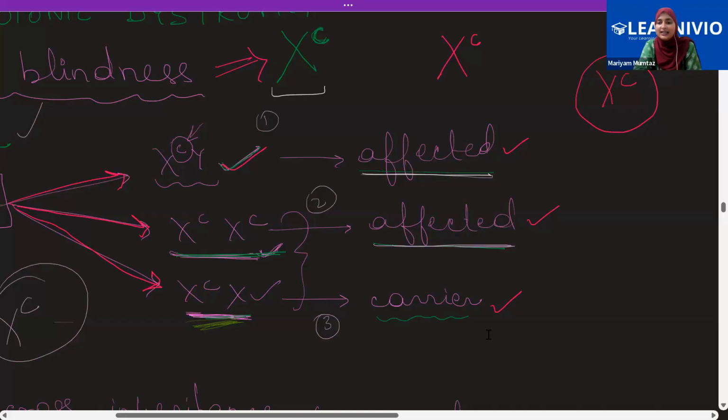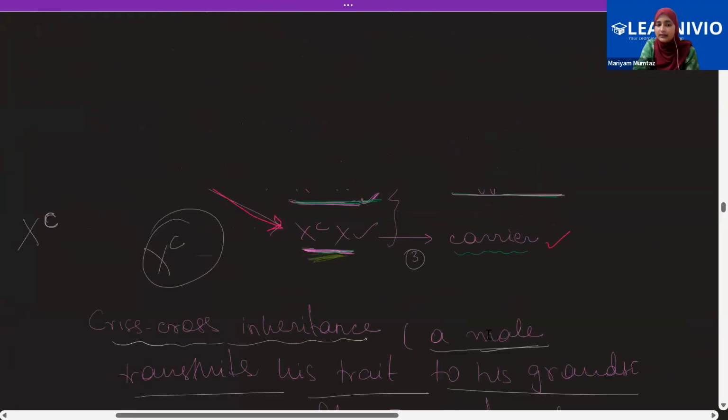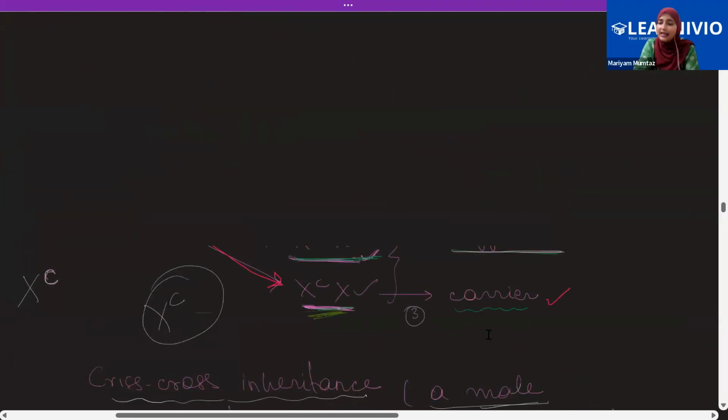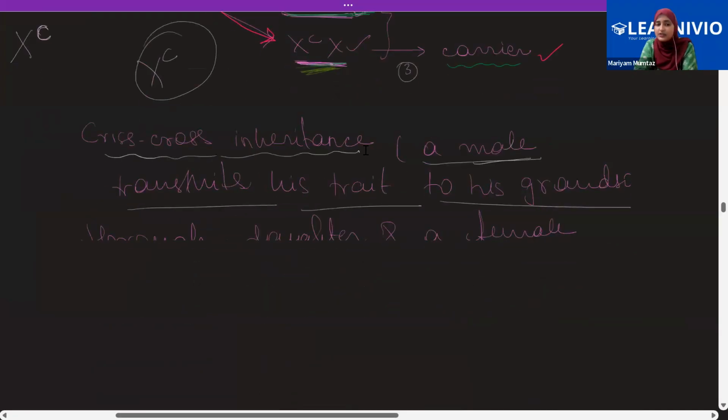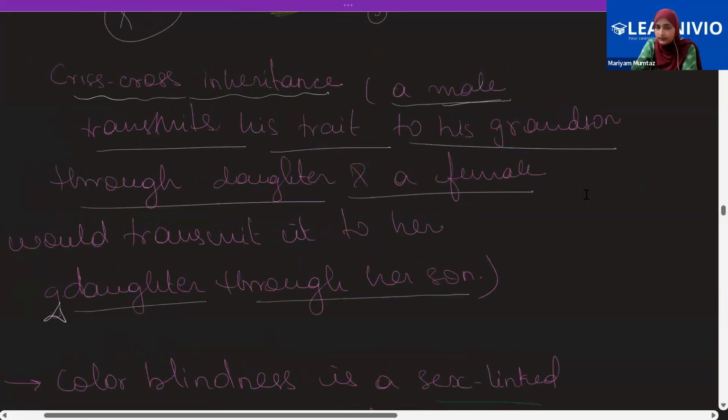Got it? Did everyone get it? It is an X-linked disease. That is why, in this case, the inheritance of color blindness is called crisscross inheritance. How? Because a male is going to transmit his trait of color blindness to his grandson through the daughter, and the female is going to transmit it to the granddaughter through her son.